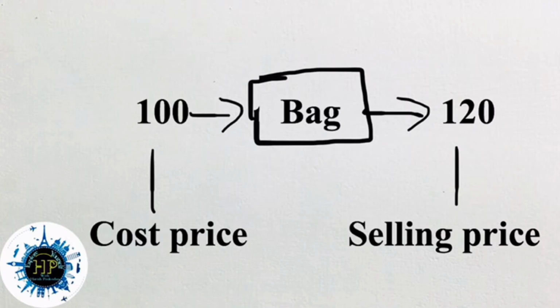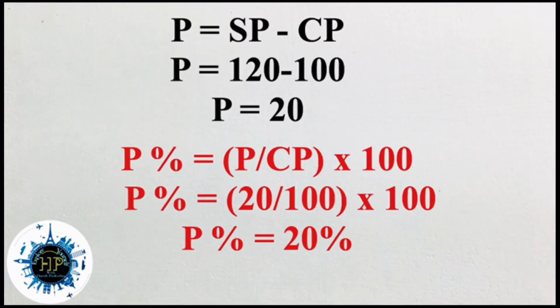So here profit is equal to 120 minus 100, that means selling price minus cost price, which is 20. So for profit percentage, we already got the equation. Profit percentage is equal to profit divided by cost price into 100. So here also 20 divided by 100 into 100, that is 20 percent. That is the profit percentage.